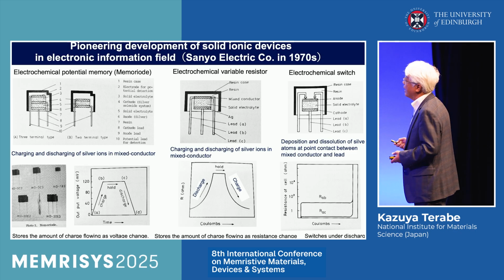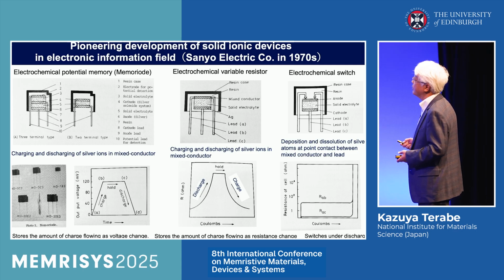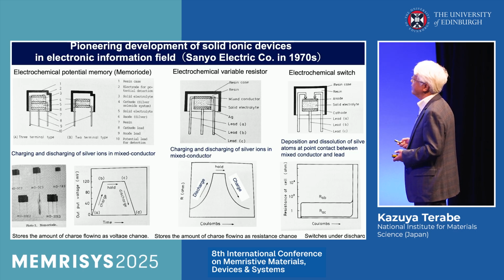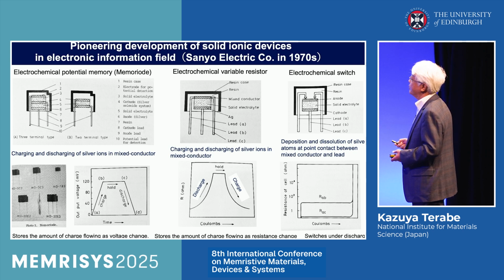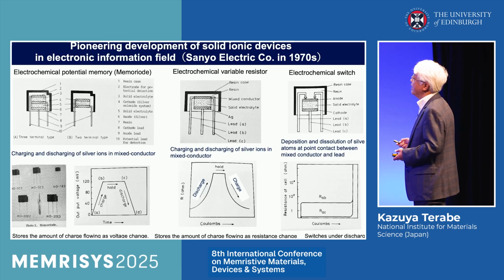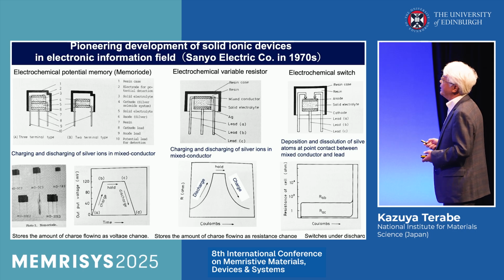This electrode is made of silver, and this is a mixed conductor of silver and electrons. This is a reference electrode, and between these electrodes an electrolyte is inserted like this.